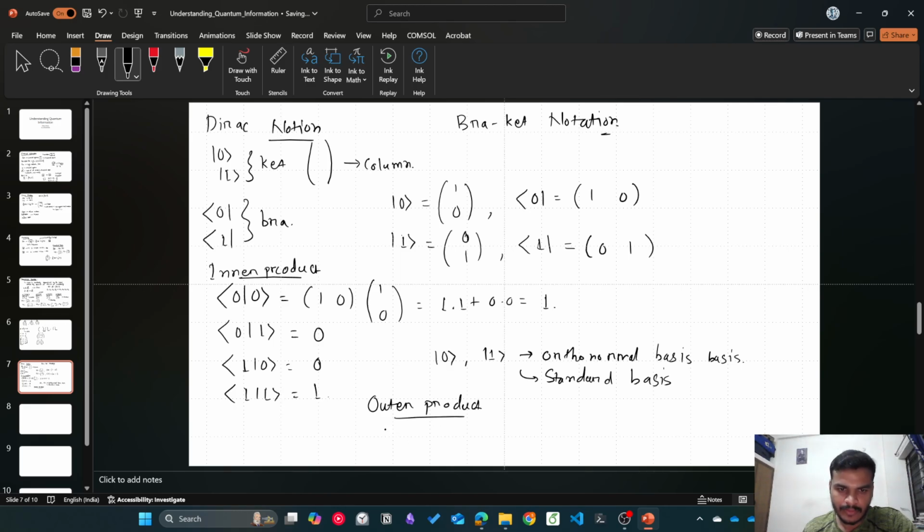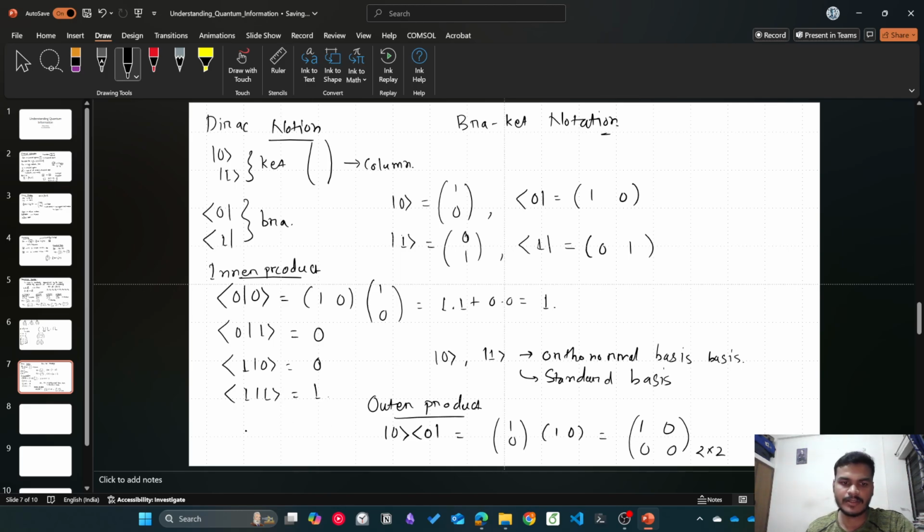This is how we do it. Let's say you take the outer product of 0 and 0. First is your column 1 0, second is your row 1 0. If you do the matrix multiplication, you'll get something 2 cross 2 here. You will not get 1 cross 1, which is a scalar. So you are going to get 2 cross 2. So this is 1, this is 0, this is 0, this is 0.